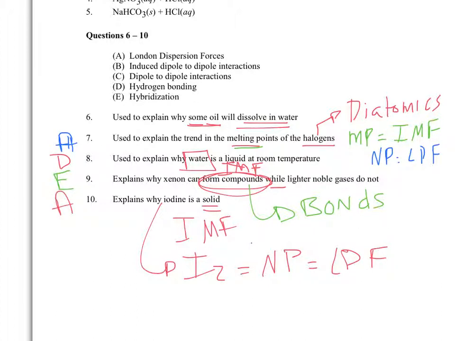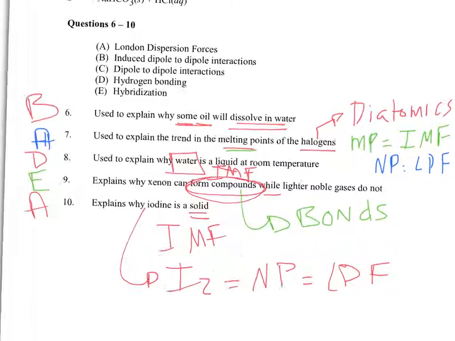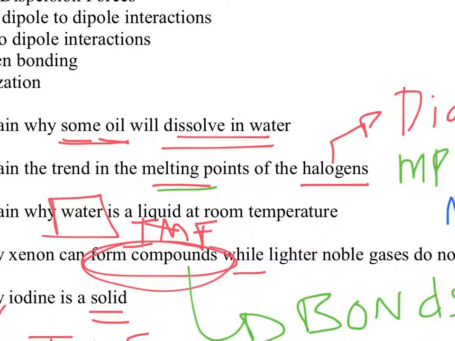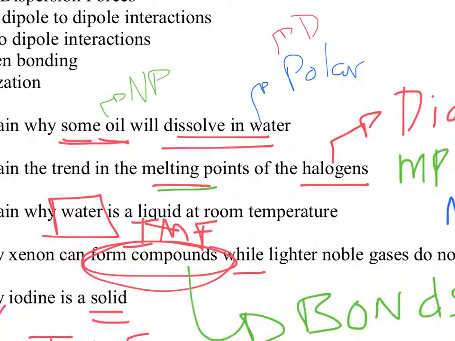All right, so let's go back up to number 6, because I know we didn't answer that one. The correct answer is B, because oil. What do we know about oil? Is it polar or non-polar? Oil is non-polar. What do we know about water? It's polar. So, polar things have these things called dipoles. If it's non-polar, can it have a dipole?